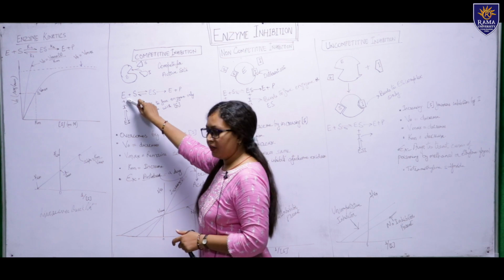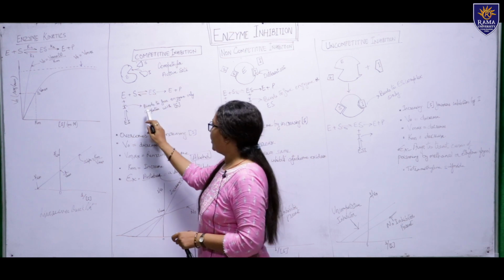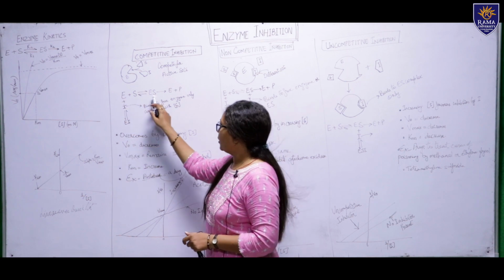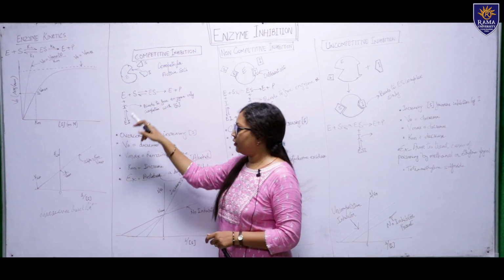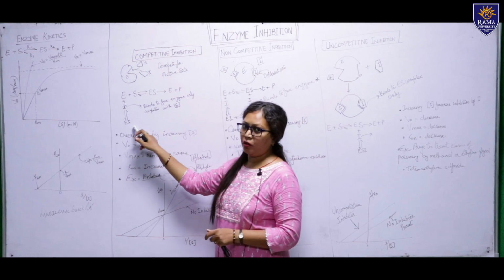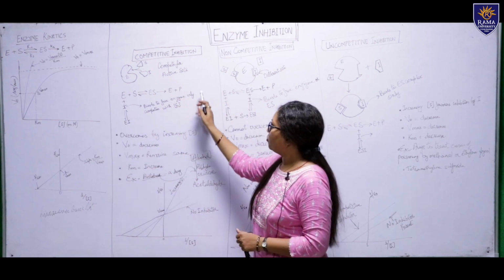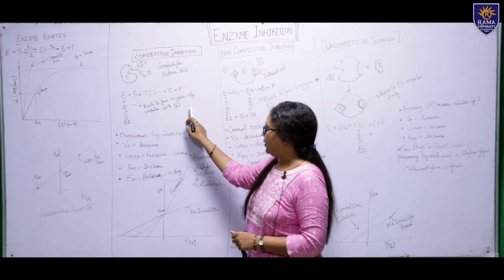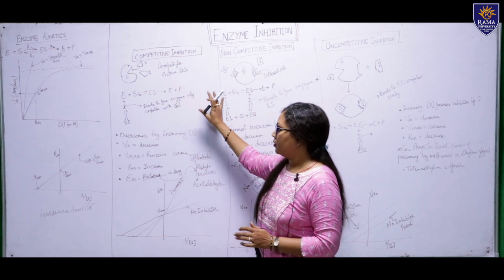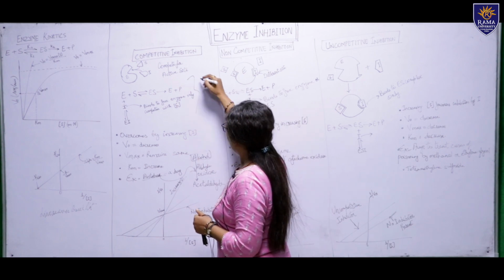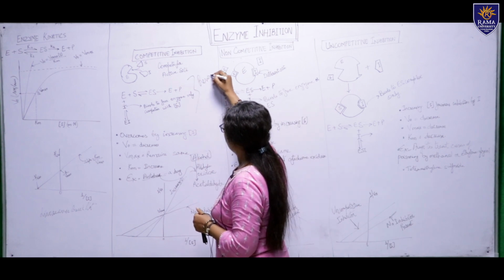Suppose this is the free enzyme; competitive inhibitors bind only with the free enzyme, and instead of forming the enzyme substrate complex, what does it form? It forms the enzyme inhibitor complex, due to which the product formation is inhibited. In this way, the competitive inhibitor binds.